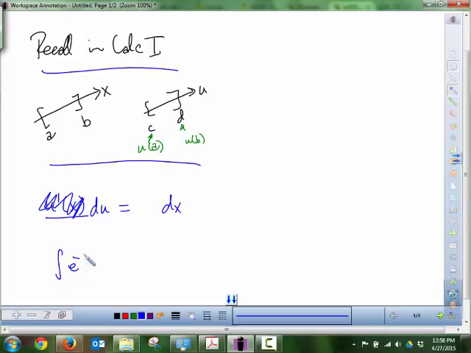So e to the negative x squared dx from 1 to 2. If I do a u substitution, u is equal to negative x squared, du is going to equal negative 2x dx. So we would call this u prime of x. Oh, so I think the u prime of x would go over here.